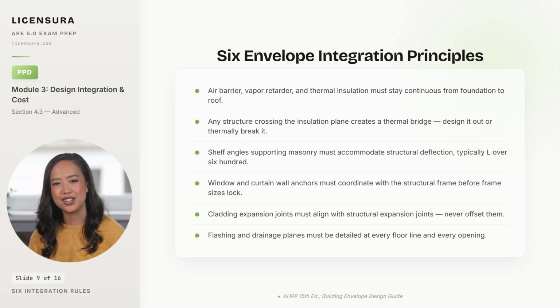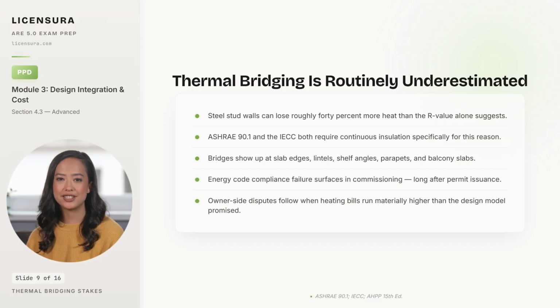One pitfall hides inside almost every modern energy model: the steel stud wall that performs 40% worse than the calculator predicts. Thermal bridging is the single most underestimated number in commercial envelope design, and the gap between the calculator and the field is wide enough to cost real money.